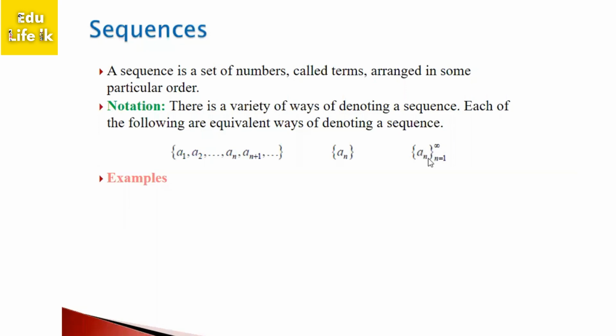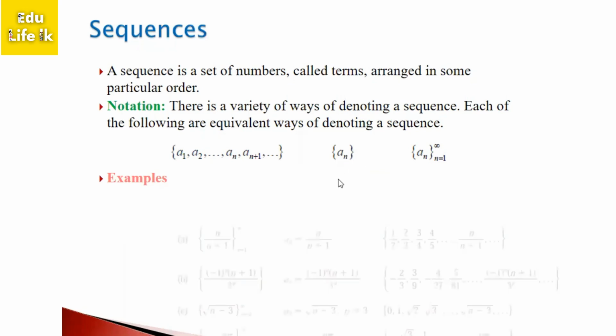That is An. So we have three representations of the sequence, and we can use any of them to write it. Where the limits are not shown, we can take n going from 1 to infinity.